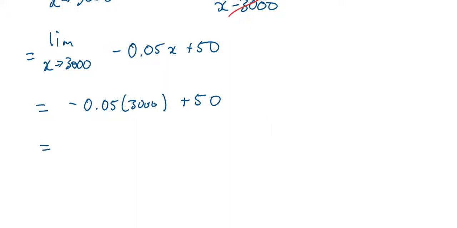And this works out to negative 100. That's what I got too. Somebody interpret that. That's how much they're in debt at 3,000. Not how much they're in debt at that point.